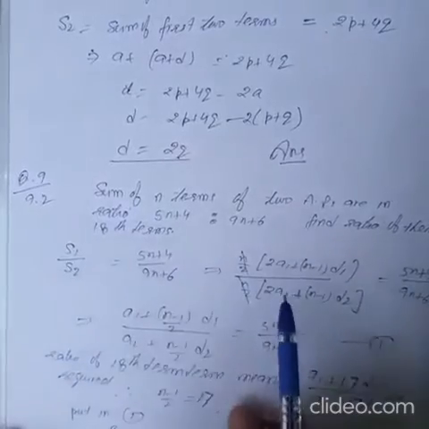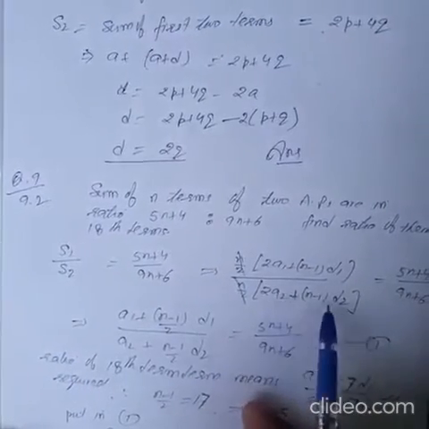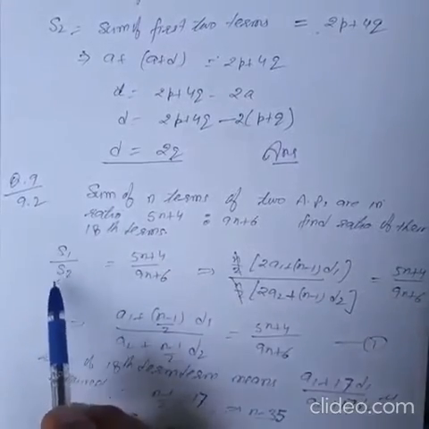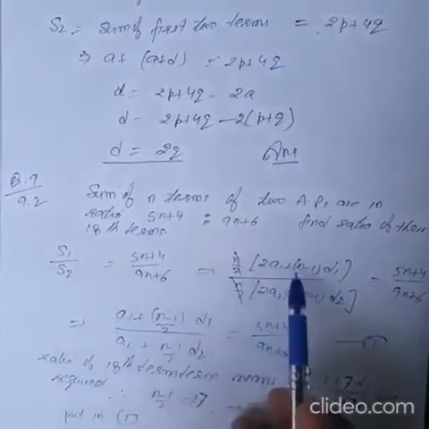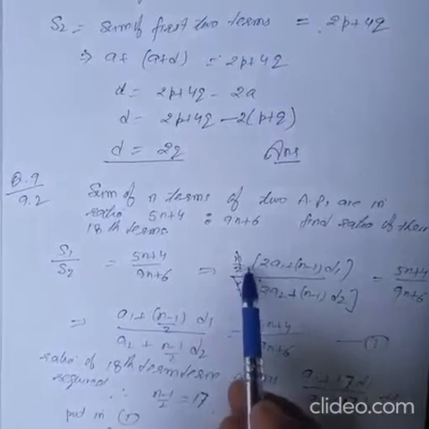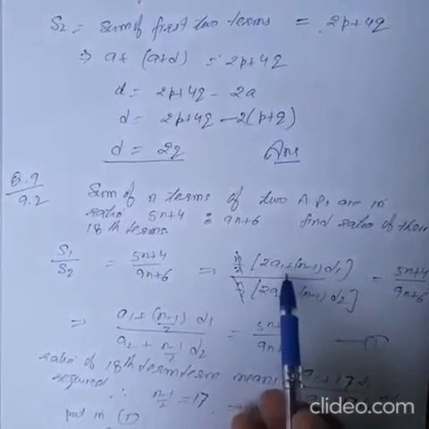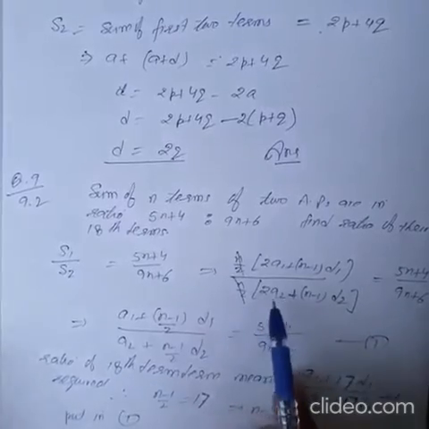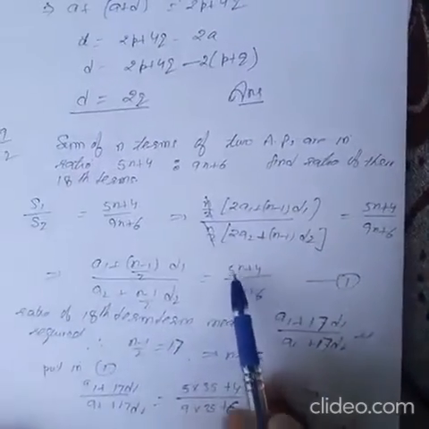For the second AP, let A2 be the first term and D2 the common difference. Then S1 upon S2. So S1, apply the formula. It is n by 2 into 2A1 plus n minus 1 into D1. Similarly S2. And you can cancel the similar terms.